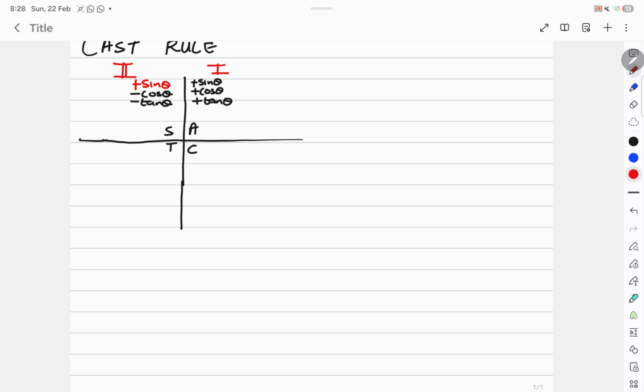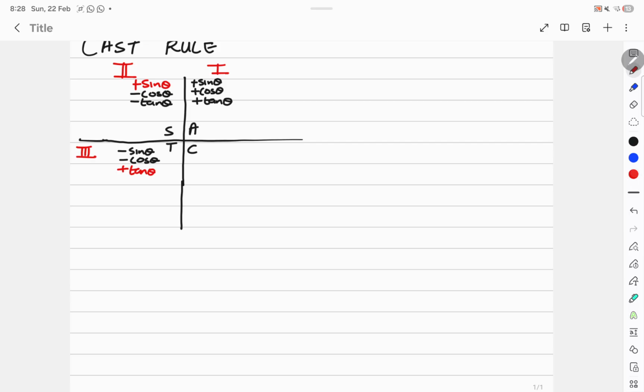And then in the third quadrant, sine is negative, cos is negative, but tangent is positive. You look at the alphabet of your CAST. T means T is positive, S means S is positive, the A means all of them are positive.